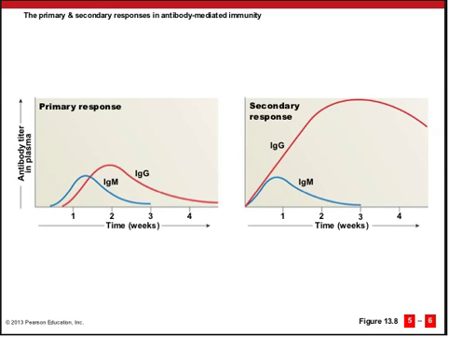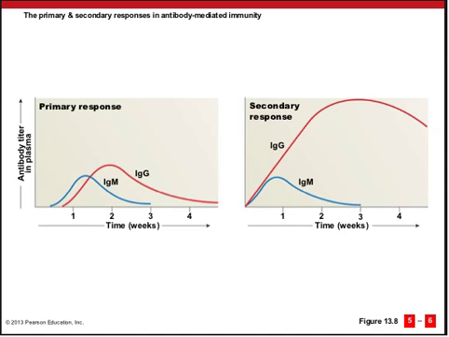In the secondary response, it looks quite a bit different. What happens is we have a second exposure to the same antigen, and remember now we've got a waiting army of lymphocytes that have the appropriate specificity to battle that particular pathogen bearing that antigen. The result is that we still see an IgM response, but the IgG response is much more dramatic. Kicks up in under a week.